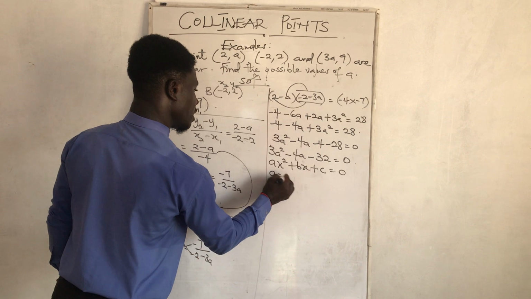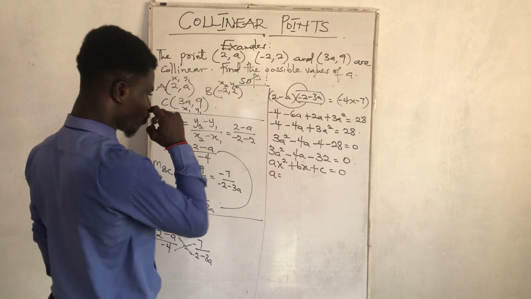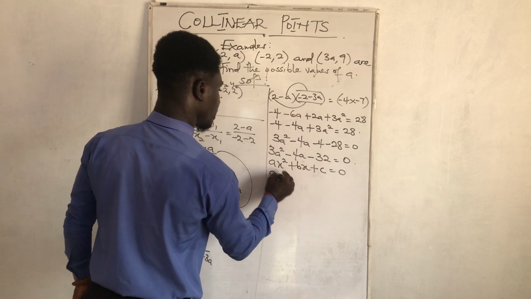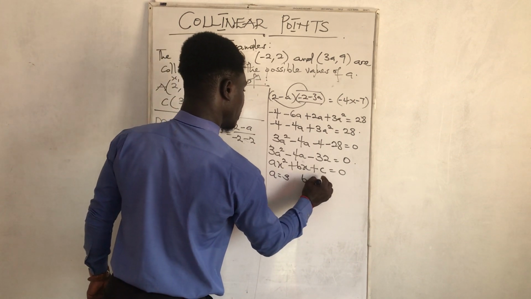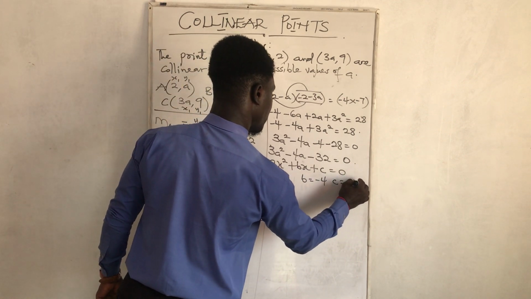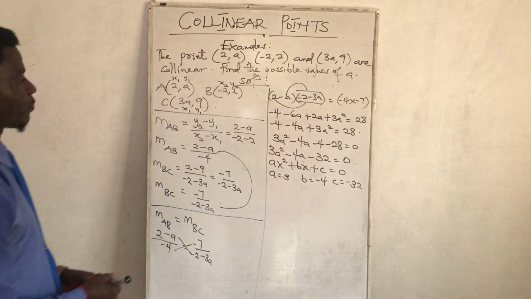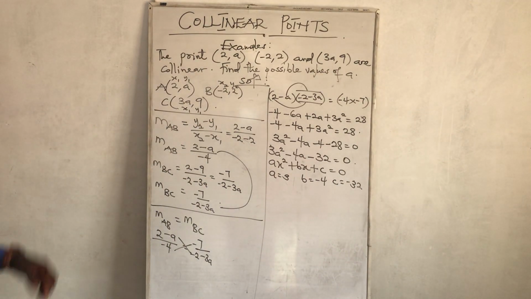We know that a must be equal to 3, then b must be equal to minus 4, then c must be equal to minus 32, right?